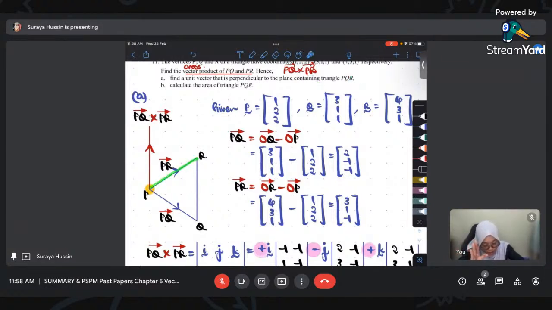So this is our triangle and also our unit vector. Apa maksud unit vector? Perpendicular tu. Perpendicular to the triangle. Apa maksudnya? Perpendicular to the triangle means this. You nampak tak? This is the perpendicular.